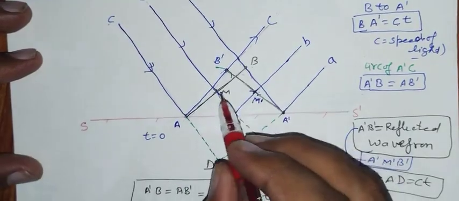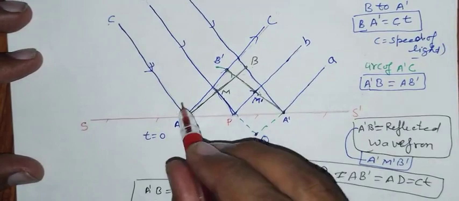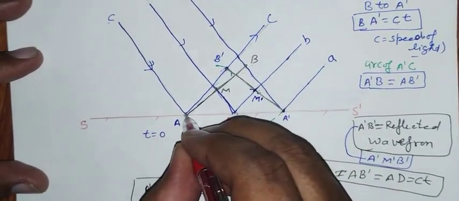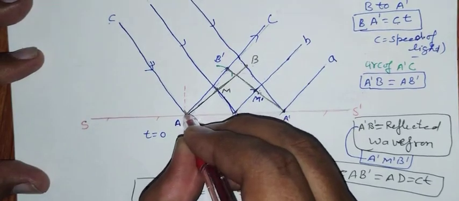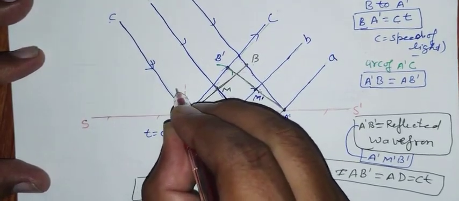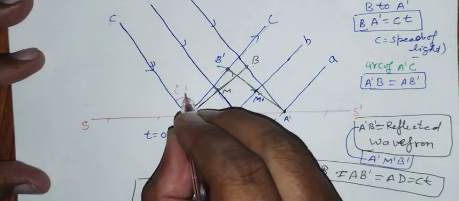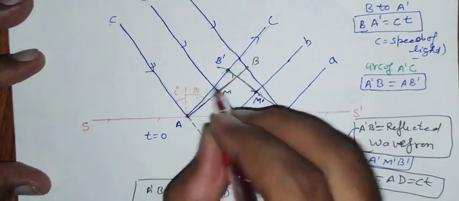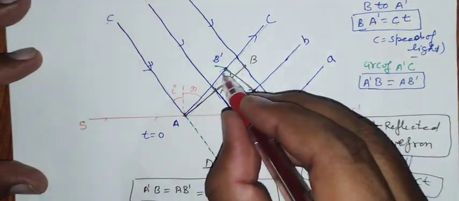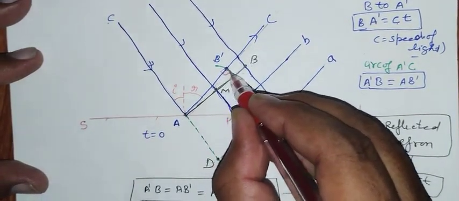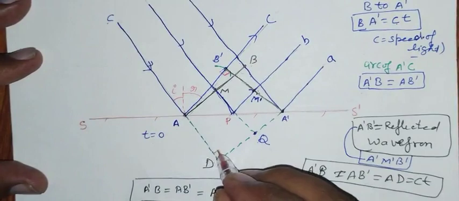Here in Huygens' principle, we are applying little ray optics at the point of reflection. Let us see, it is normal. So this is angle of incidence I and this is angle of reflection R. Now see very carefully, it is 90 degree perpendicular. This is also 90 degree.